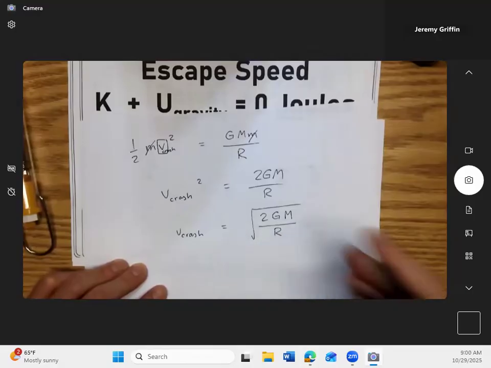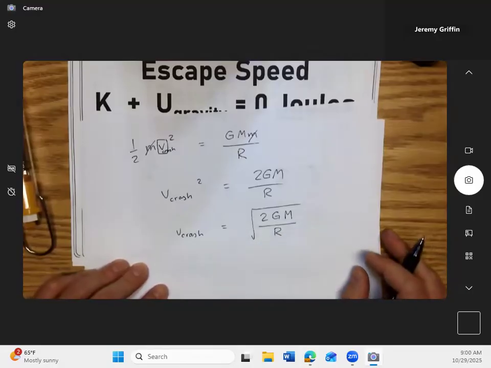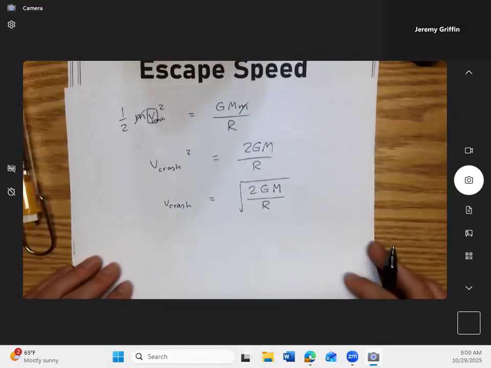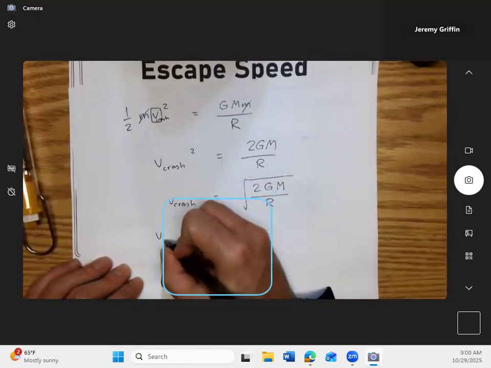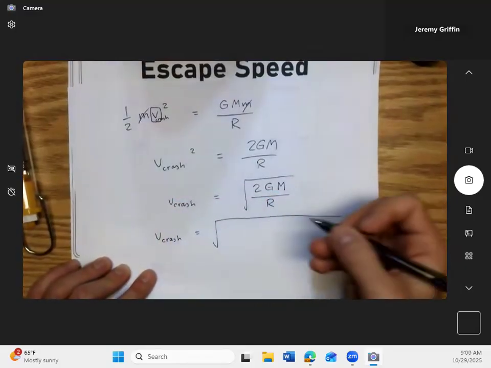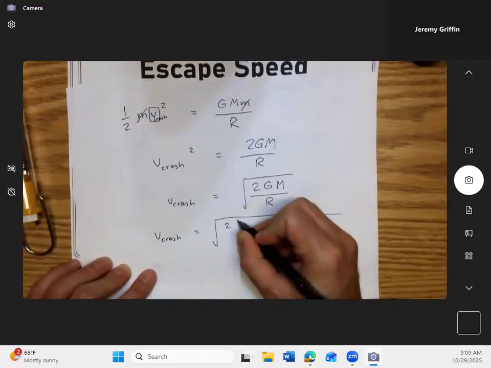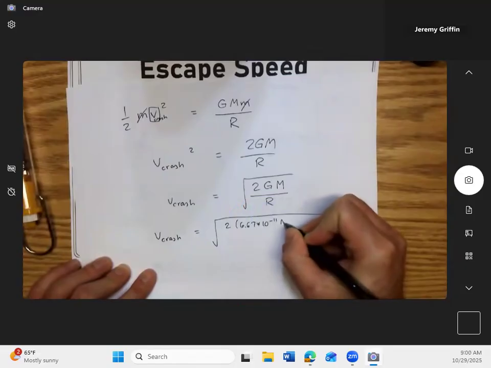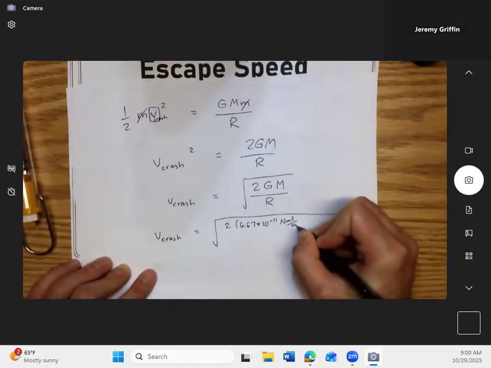If you plug in some numbers, you get a numerical scale. Here, it's probably good practice just to throw some numbers in. So I got a 2, I got 6.67 times 10 to the negative 11 meters squared per kilogram squared.